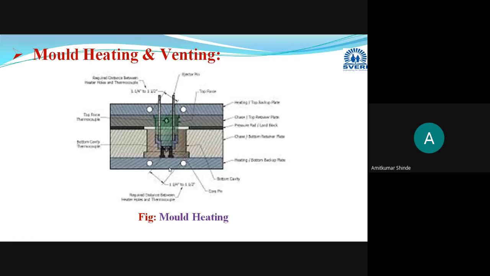Normally, we use three different mediums: oil, steam, and nowadays mostly electrical cartridge heating. With the help of electrical mediums, we are doing this mold heating.